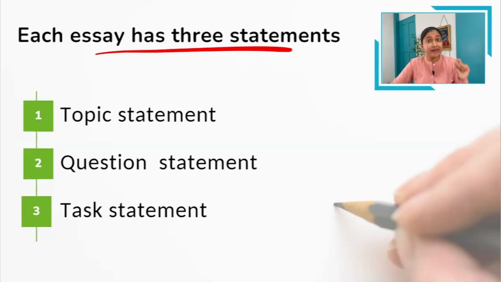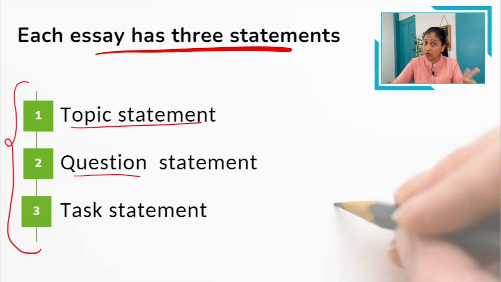So, your task 2 of the IELTS writing module will always comprise these 3 statements. The first statement would be a topic statement. Second would give you the question, we'll call it a question statement. And third is your task statement, something that is telling you that this is your task.